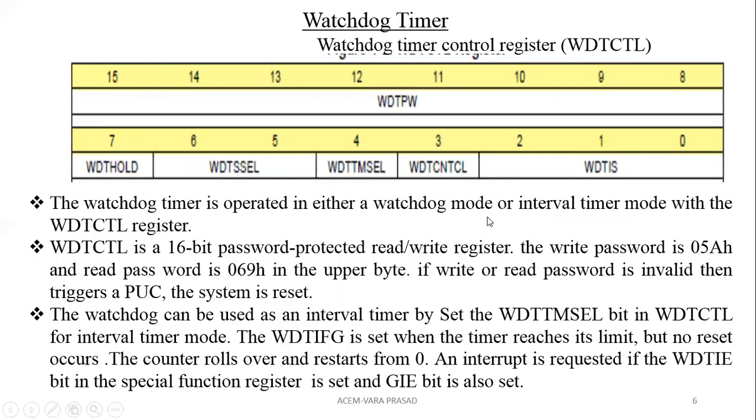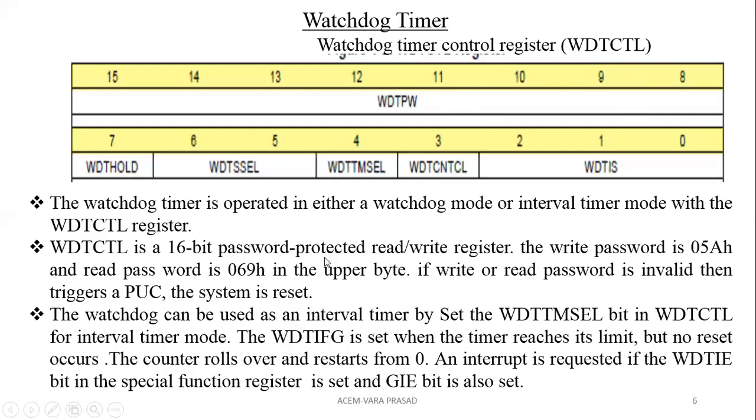These two modes are controlled by using a register called the watchdog timer control register. In this watchdog timer control register, the MSB, that is the higher byte from bit 8 to bit 15, is reserved for the password.